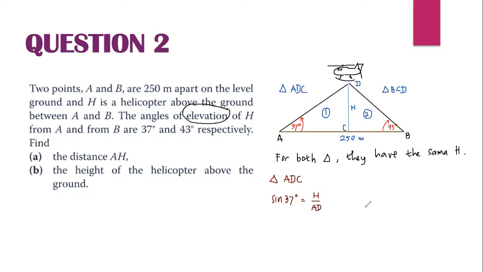And then sine 43 degrees is h over BD, right? But by using sine, there's no solution. Okay, what about tangent? Now we're going to use tangent here.